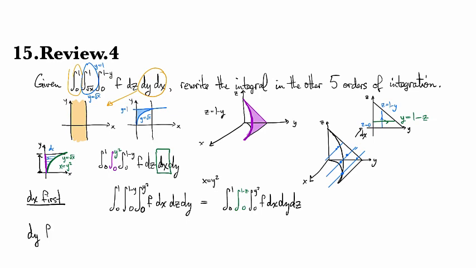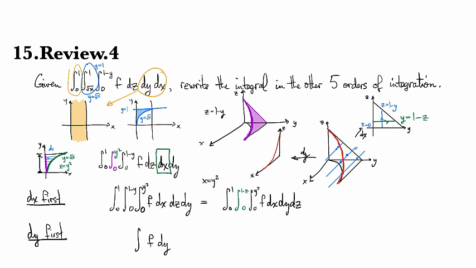If I were going to do dy first, then I'm going to be projecting this way after doing a dy integration, and so it's going to be left over in the xz plane, and the thing that I'm going to draw here is going to be the shadow of this red curve right here. So what actually is that red curve?